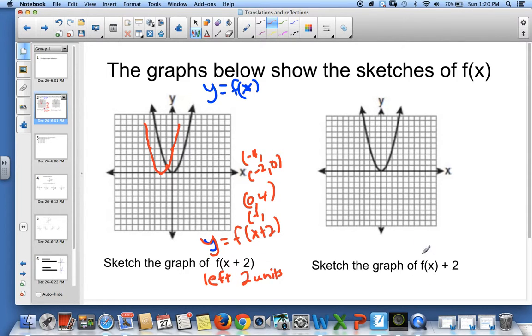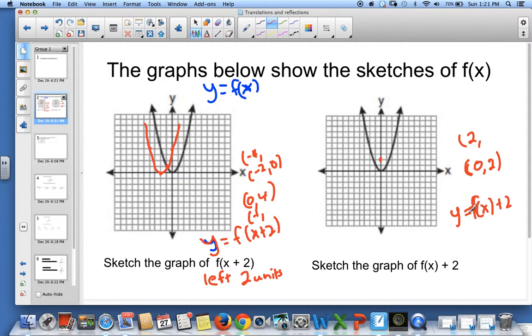Now this graph is a little bit different in that the 2 is not associated directly with the x. It's basically y equals f of x, plus 2. So again, I'm going to do the same thing. If x is 0, my new answer is going to be, I put in f of 0, which is 0, and then add 2, and it just looks right there. Now, what if I put in 2?